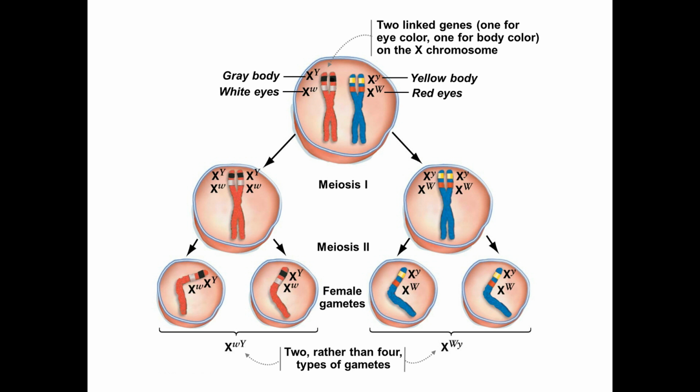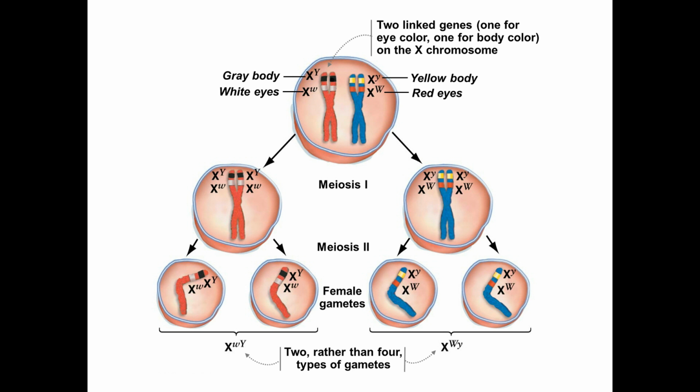Here during meiosis, you end up with your gametes that are produced. We can end up with gray body alleles and white eye alleles inherited together, and yellow body alleles and red eye alleles inherited together.